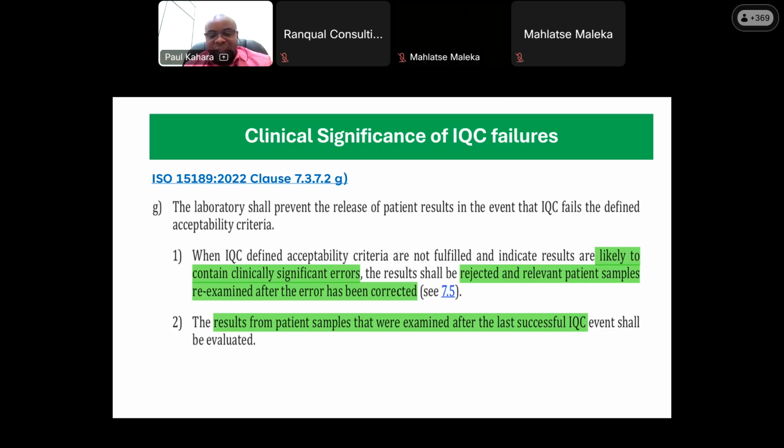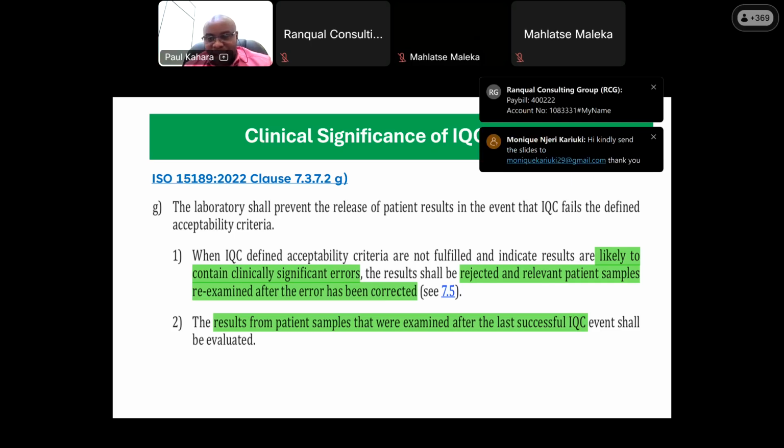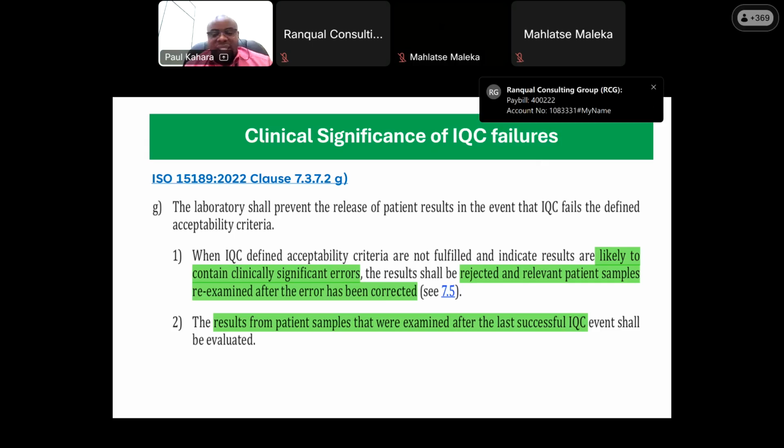That is very straightforward; it is clearly understood from the standard. But what we need to ask ourselves is, how do we confirm whether these results actually contain clinically significant errors? The standard goes on to illustrate something close to what we have said in G1, that the results from patients that were examined after the last successful IQC event shall be evaluated.